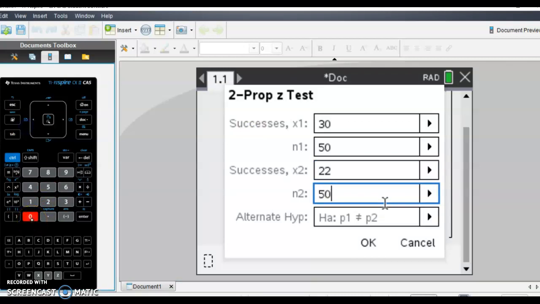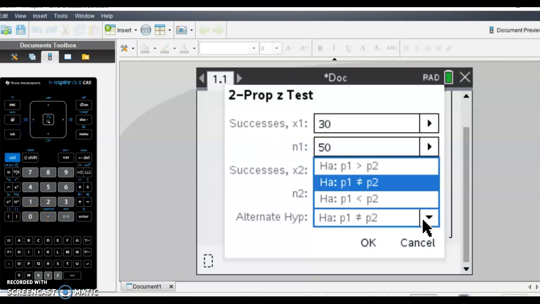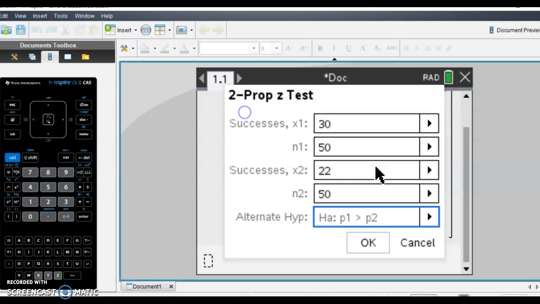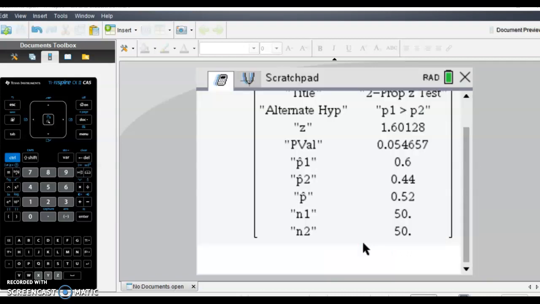In this case, we're running a one-tailed test because we want to know if instructor A is better than instructor B. So p1 greater than p2, or p sub A greater than p sub B, is what we're testing. You run that test and this is what it spits out.